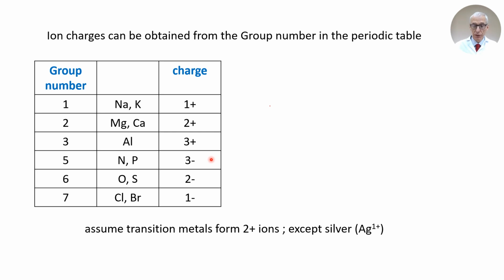Group 5, we may not have mentioned earlier, form 3- ions. Group 6, oxygen, sulfur, 2-, and of course group 7, chlorine, bromine, iodine, 1-. If you're given a transition metal, assume it's 2+, unless it's silver, in which case it's a 1+ ion.